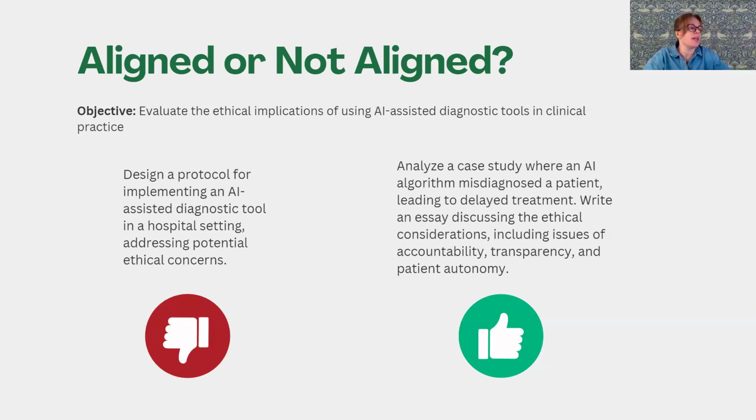Yeah, that's a really good point. And I think it's important that this assessment task includes a case where something went wrong, and now the learner is asked to evaluate why that is and what were the ethical considerations of using that.